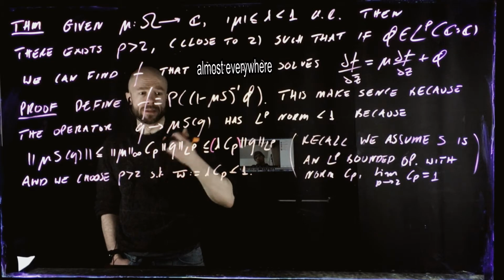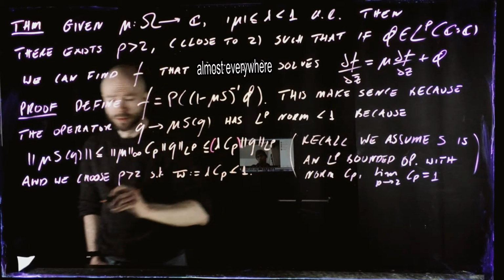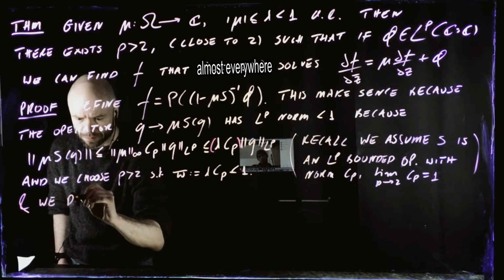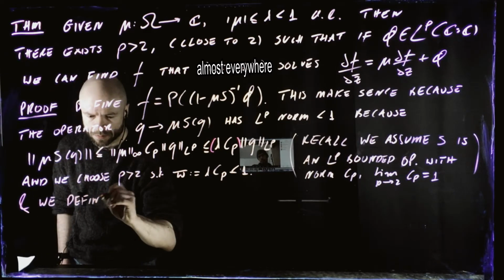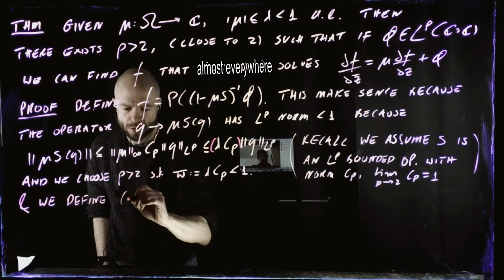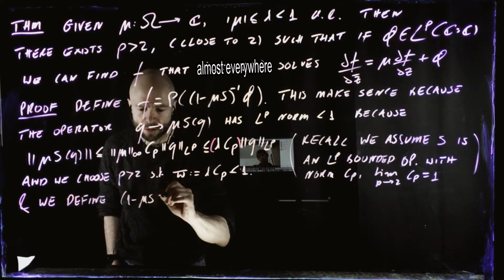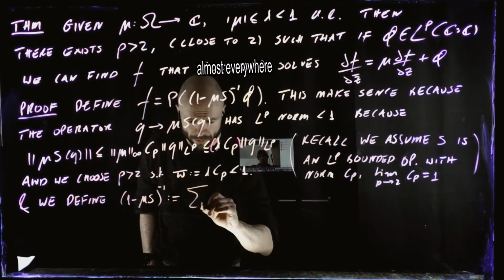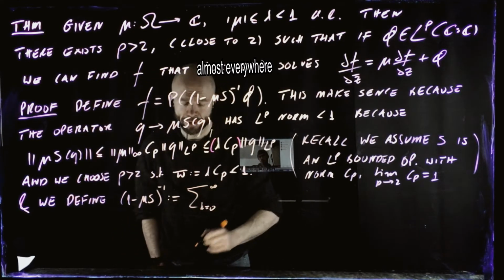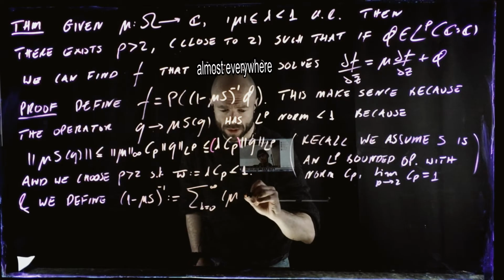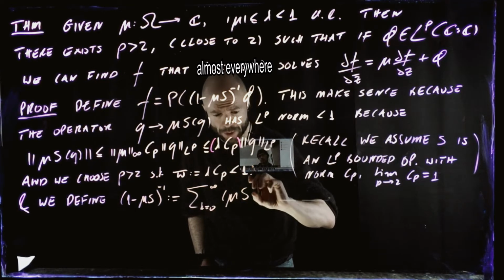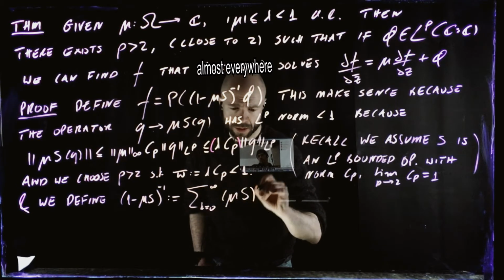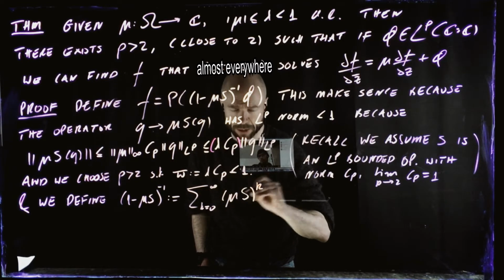And then this makes us very happy because we define (1 minus mu S)^(-1) to be this thing, the sum from k equals 0 to infinity of the operator, the Beurling transform applied to the function multiplied by this function mu on the right-hand side, that operator taken to the power k.